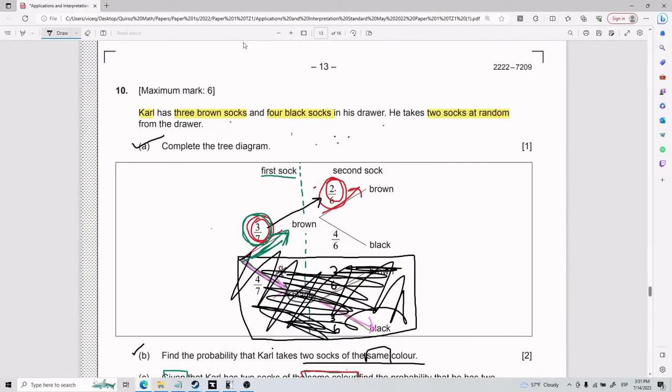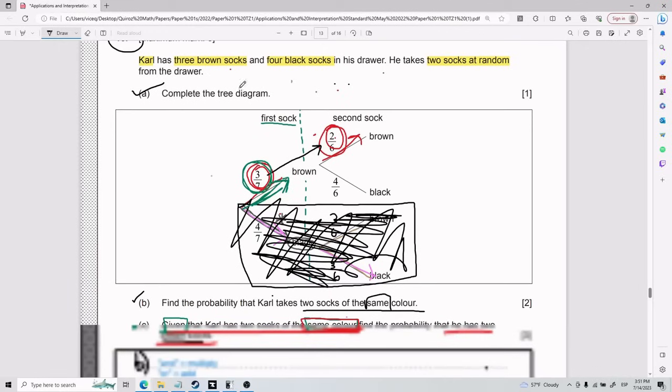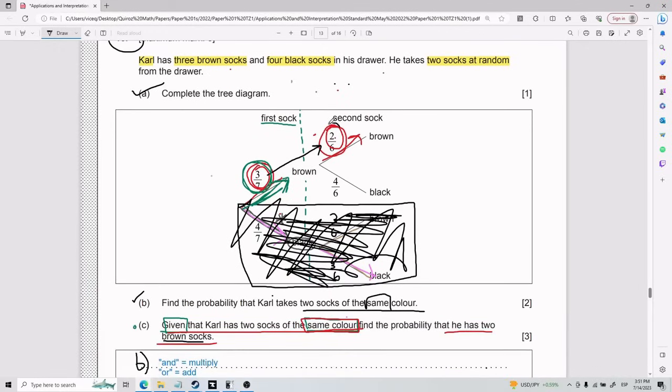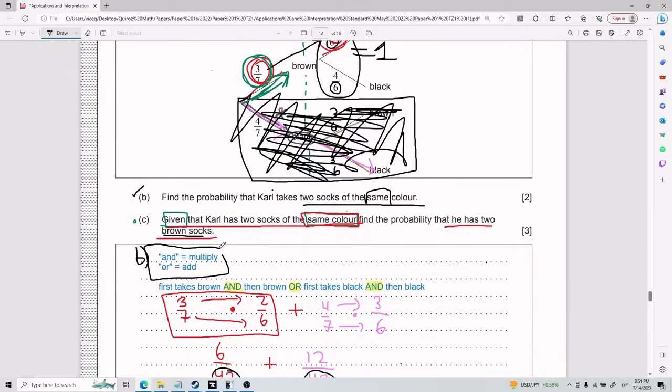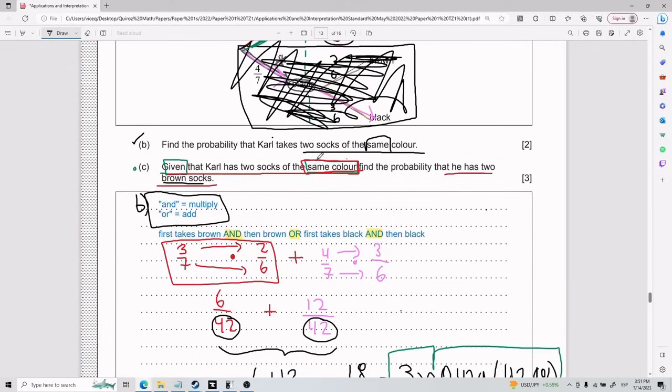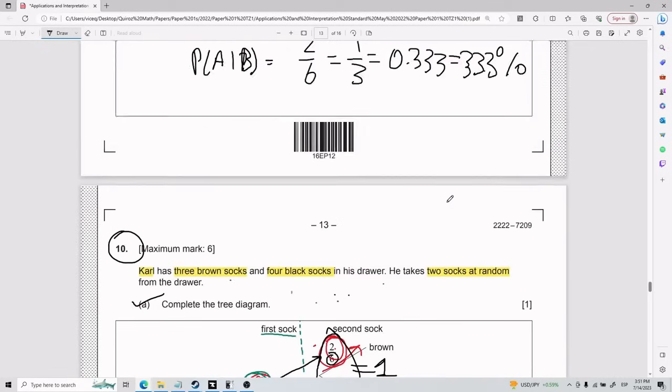So, the key things for number 10 is understanding the tree diagram, the thing that these probabilities add up to 1, ¿cierto? Understanding when the denominator gets subtracted by one from one event to the next, and also that "and" or "or" is multiply or add respectively. Think in that language. And lastly, conditional probability.